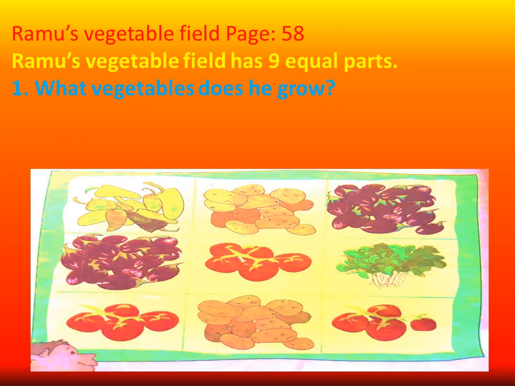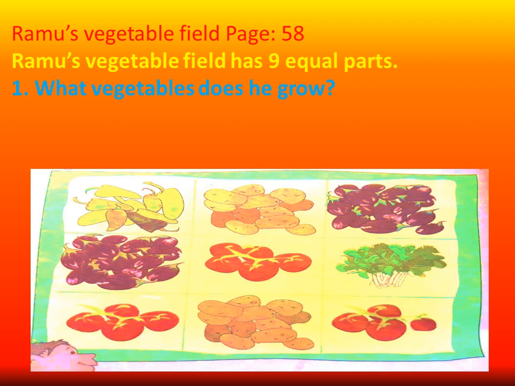Next question. Ramu's vegetable field. It is given on page number 56 of your textbook. So Ramu's vegetable field has 9 equal parts. You can see in the given picture the field has been divided into 9 equal parts. Now they are asking which vegetables he grows.